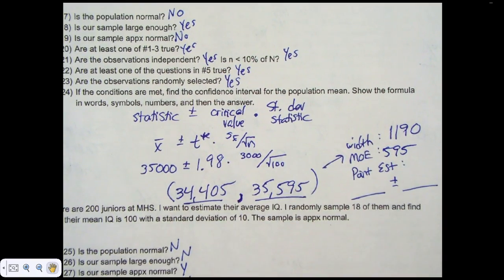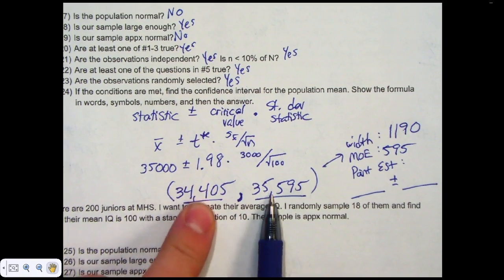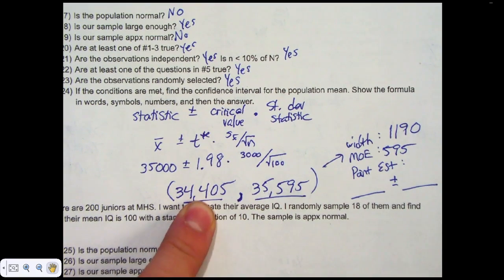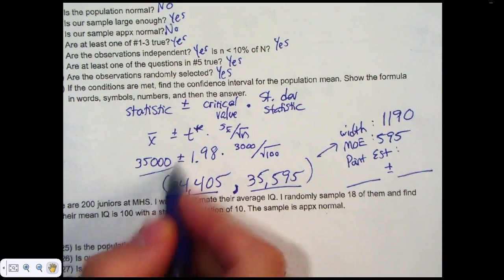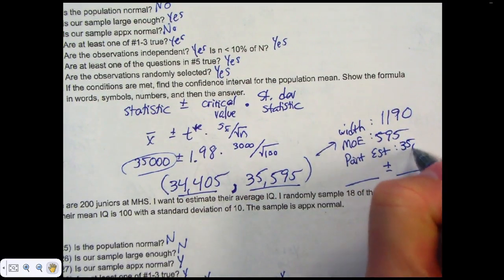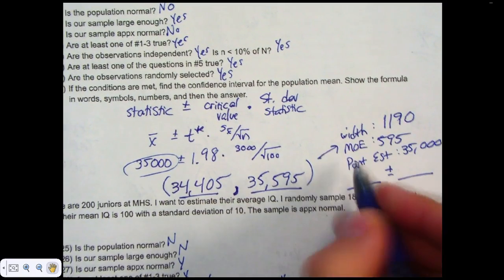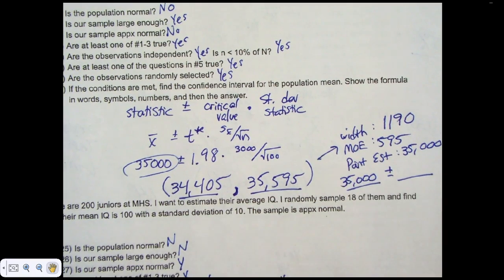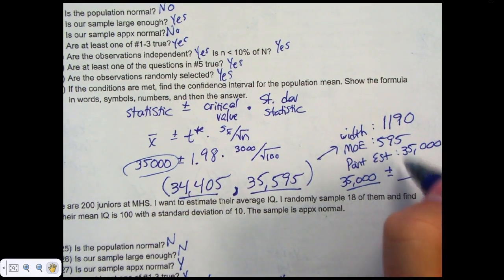Your point estimate, 2 ways you can find it. You can find the average of those two numbers. If you just want to add those up, divide by 2, you'll find what's in the middle. But isn't it already on your paper? It's just that number right there. So 35,000. So if I wanted to write it in the plus minus form, it'd be 35,000 plus or minus 595.